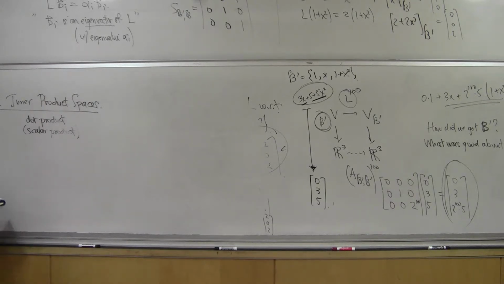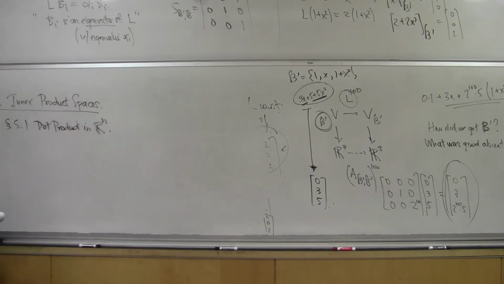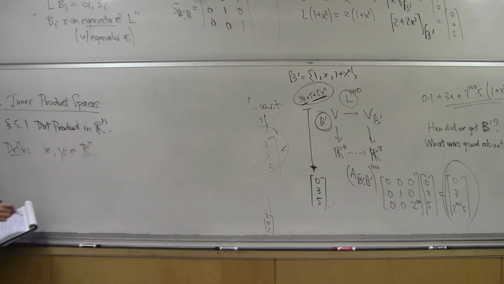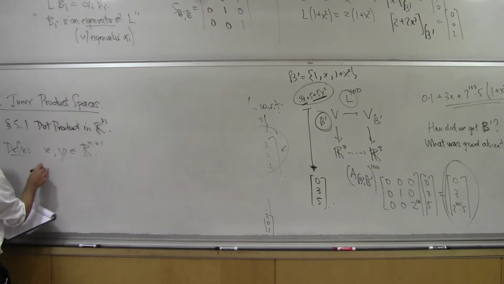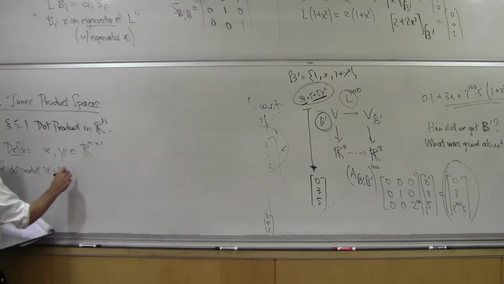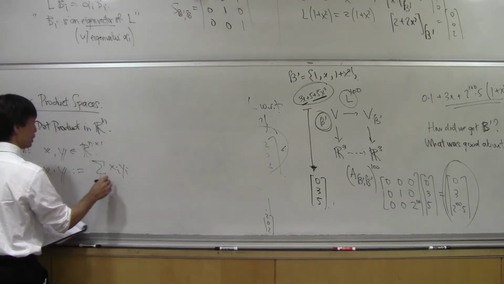Okay, so much of section 5.1, the dot product in Rn, will be reviewed for you. I think everybody knows if you have these two vectors in Rn, which we think of as column vectors, then their dot product is defined as the sum of the products of the corresponding components.